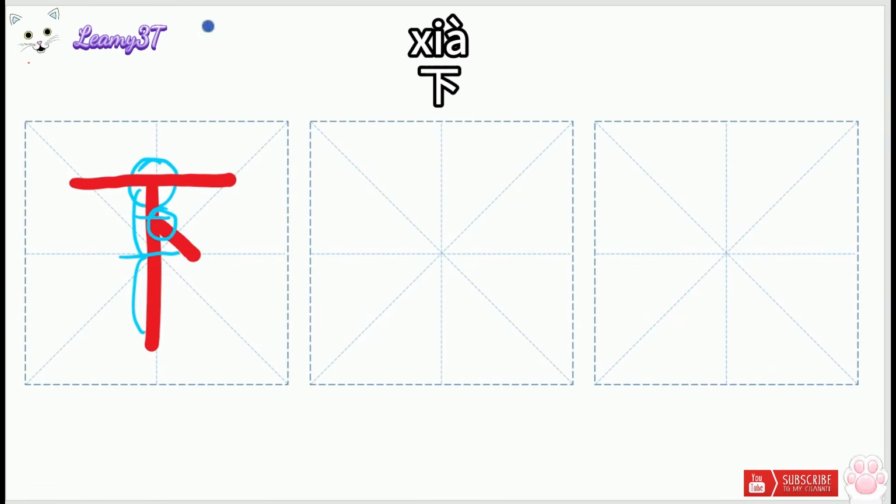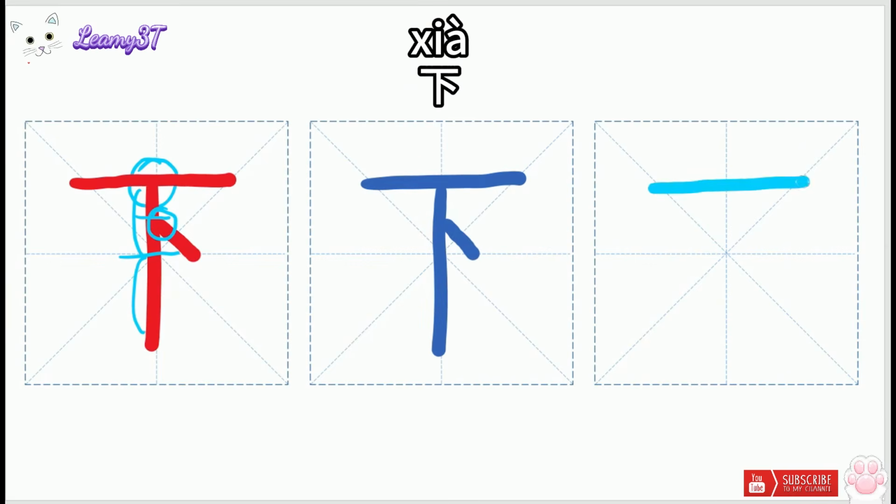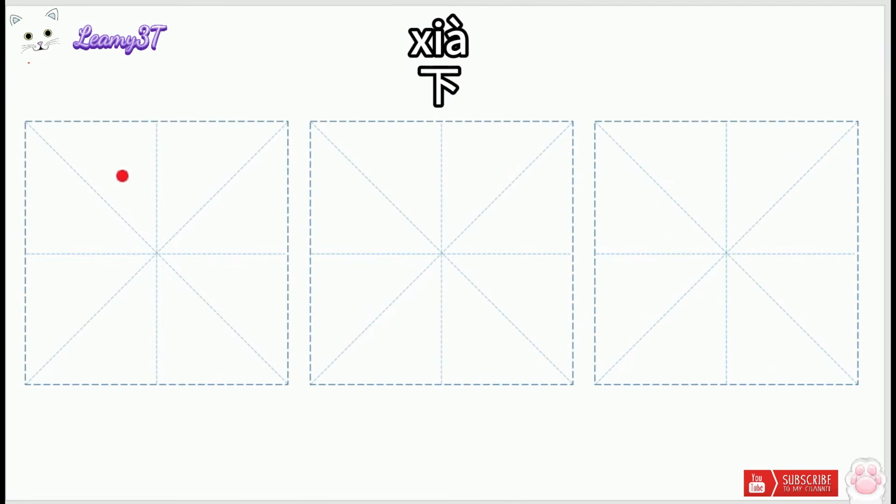Right, please. Héng, shù, diǎn. One more time. Héng, shù, diǎn. Again, one more time. Héng, shù, diǎn.